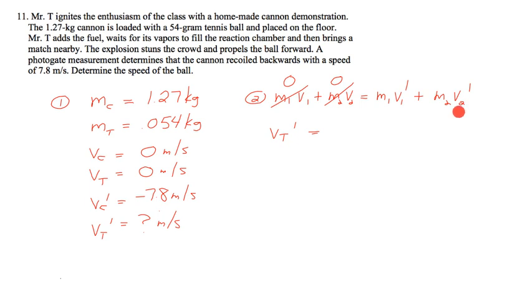So what I'm going to do is move this one to the other side and then divide by the other one. So what I have here is M1 V1 prime. That's the cannon. So that should be M cannon V cannon after explosion divided by M for the tennis ball.